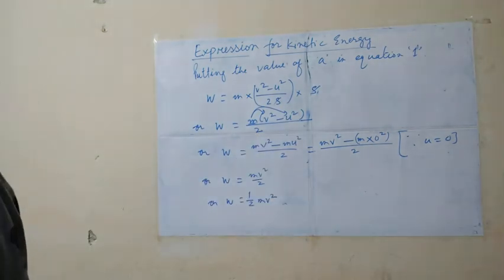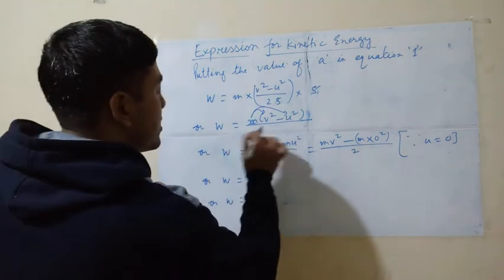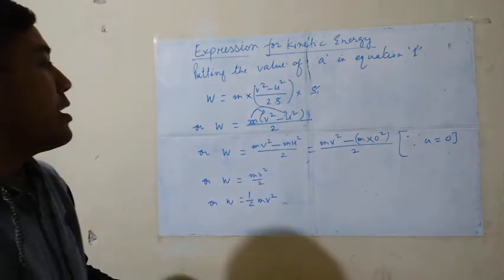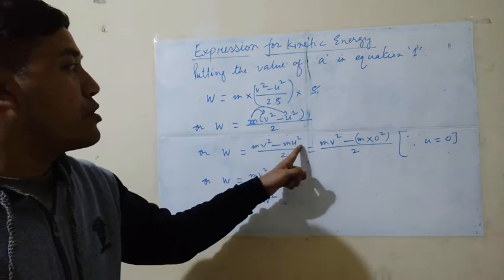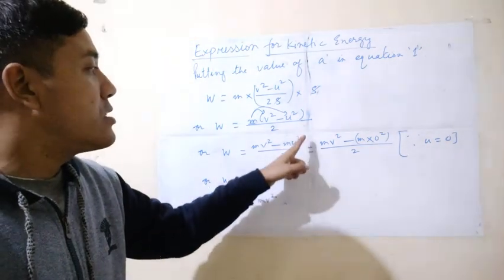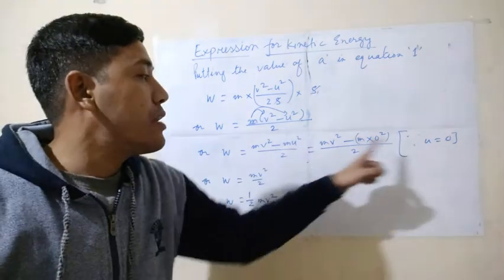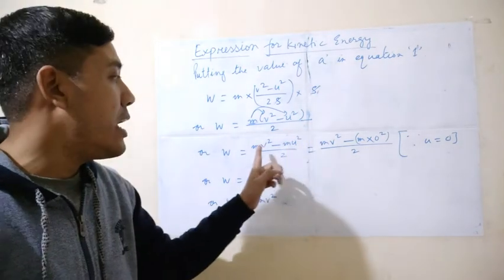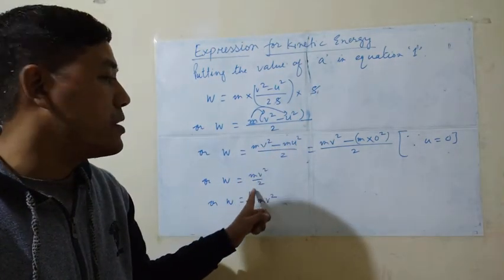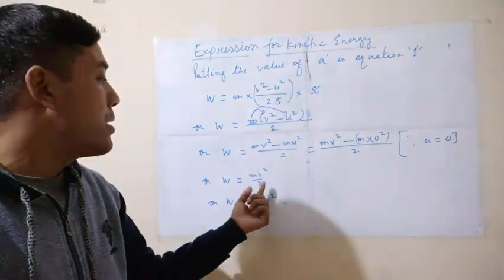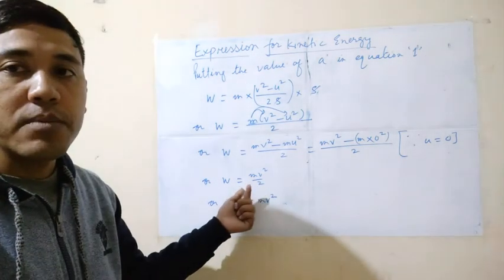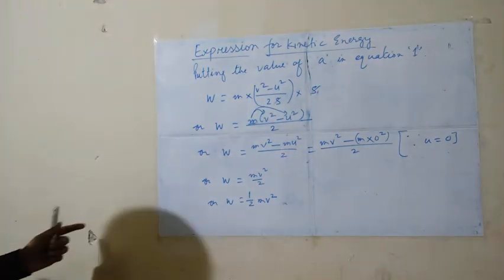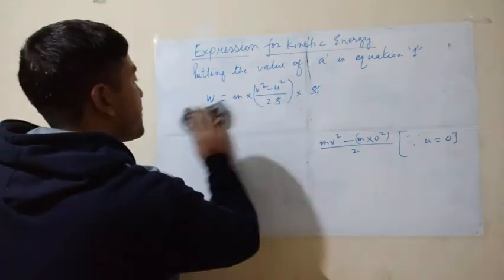If you are confused, then write this 2 in the middle part. Now, MV square minus MU square. That means if u is equal to 0, then this part will become 0. Only MV square by 2 will remain. When we bring this 2 in the front side, it becomes 1 by 2 MV square. Done? Okay. Finish? Yes. Next.